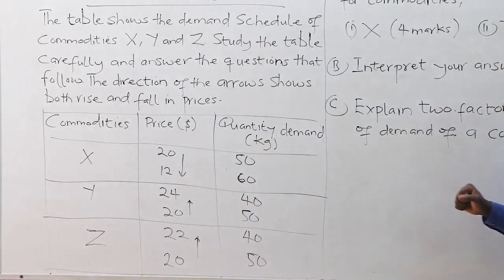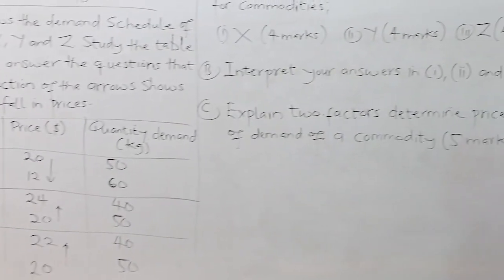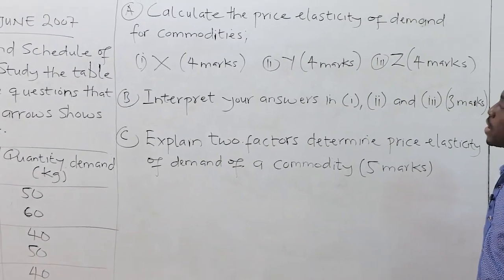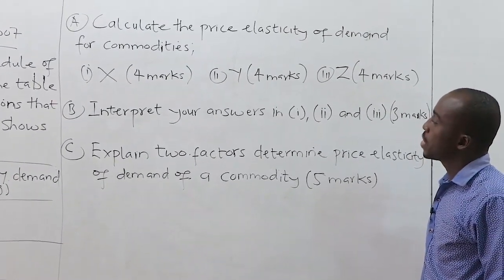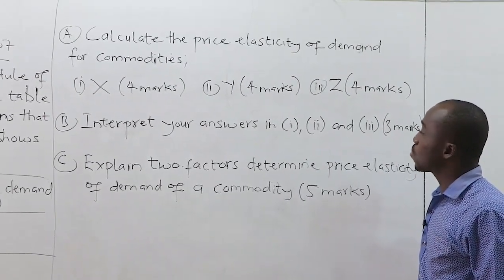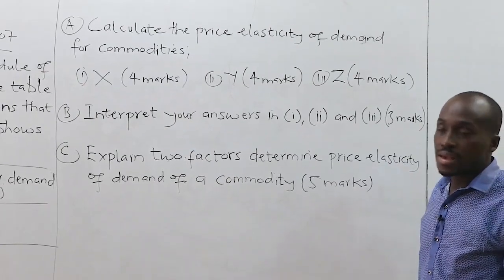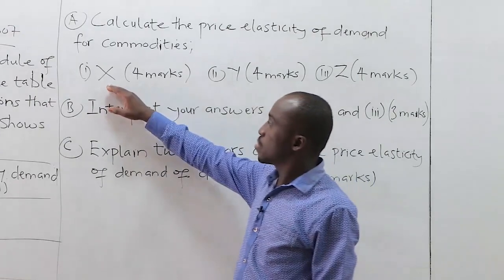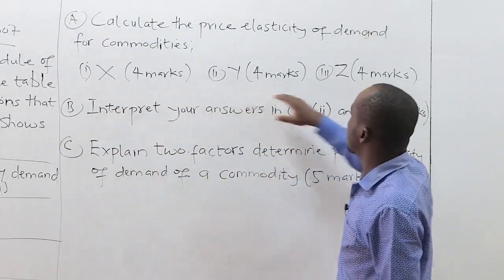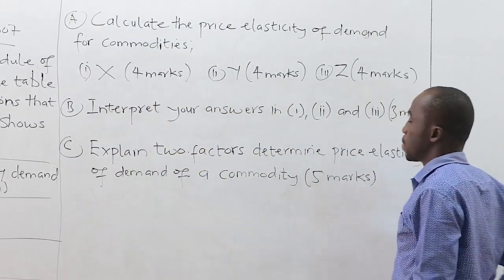So let's say the question we have here, question 1: calculate the price elasticity of demand for commodity X, 4 marks, commodity Y, 4 marks, Z, 4 marks. Interpret your answer in I. So A, what does he expect from us? He expects us to calculate the price elasticity of demand for commodity X, Y, and Z, 4 marks each.